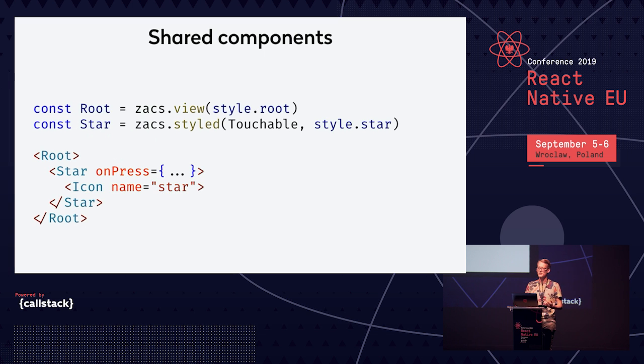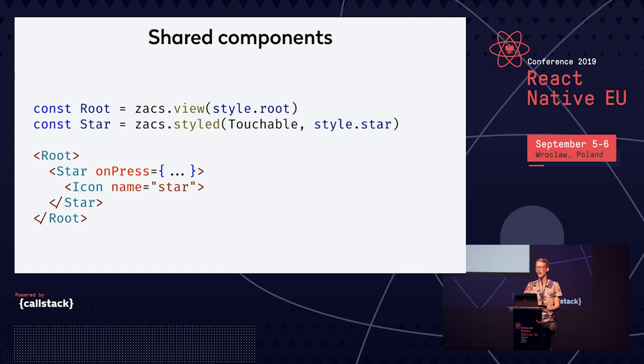So you build components by composing together your standard base UI components, like touchable and icon, and the styled components for this particular component, using Zacs or something different. And in most cases, that's it. That's how you share the vast majority of component-level code.